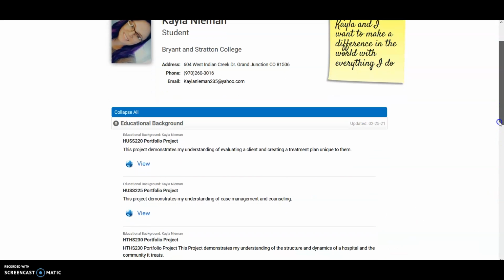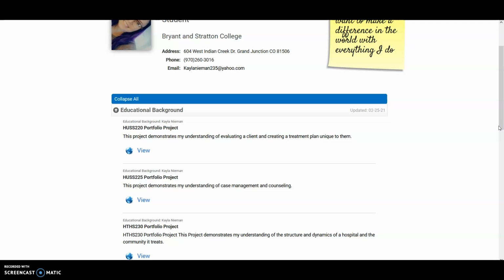The first portfolio project that I put on here was the CAPS225 or CAPS220 Portfolio Project. The outcome that I attached to this portfolio project was assess needs, design a plan of action for an identified problem, implement the plan systematically, and evaluate its effectiveness.